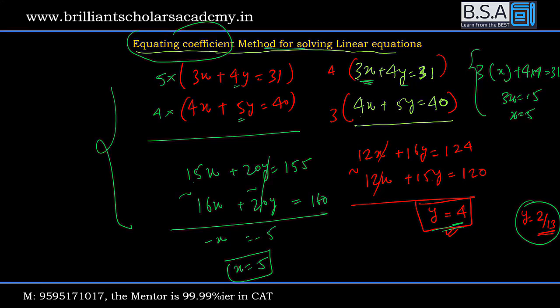What does this point mean? What does this 5 and what does this 4 mean? The two lines will cross over at a common point. A common solution means the intersection. What does that point actually mean? It's a point of intersection of two graphs.